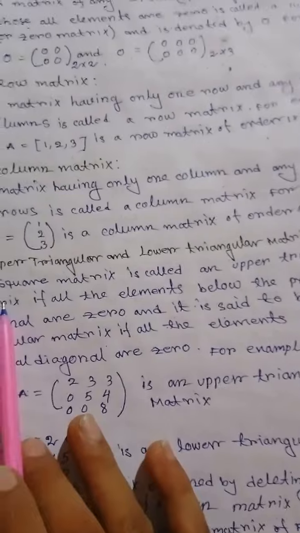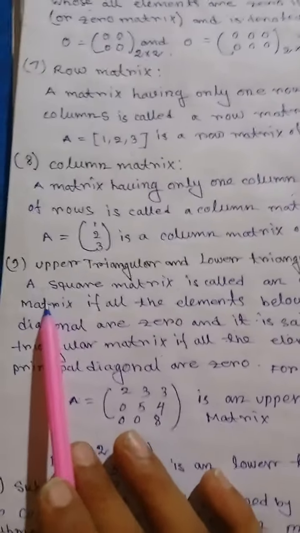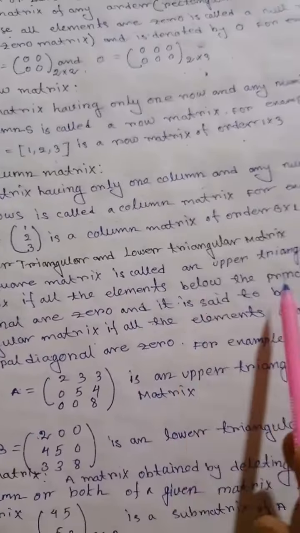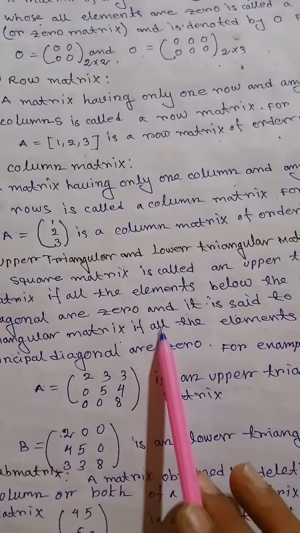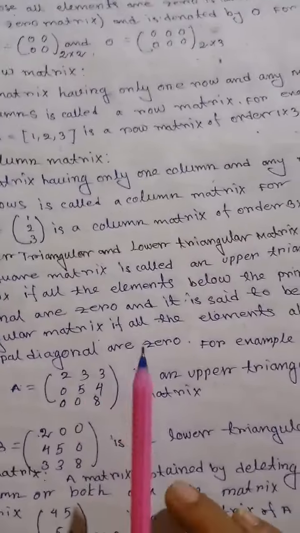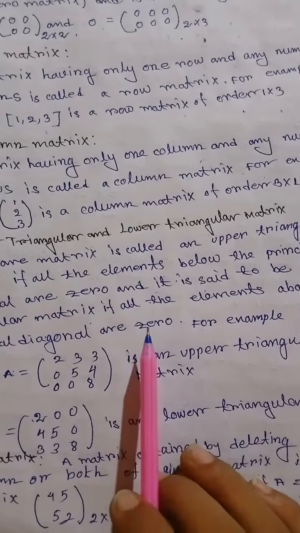A square matrix is called an upper triangular matrix if all elements below the principal diagonal are 0.